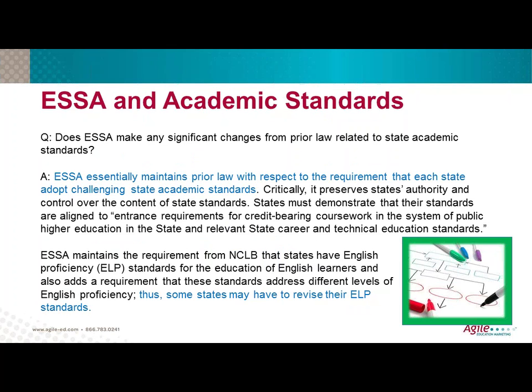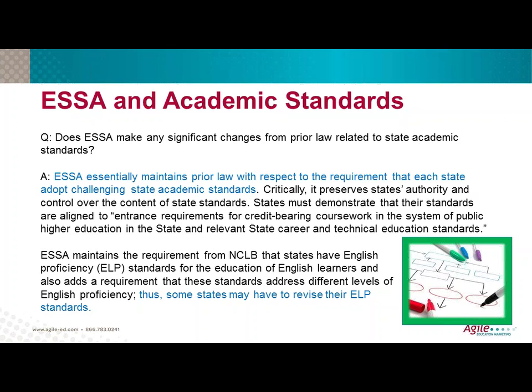Looking at how academic standards tie into ESSA, what I found in looking at ESSA was that it really maintains the prior law. It preserves the state's authority to have control over the content of state standards, as Larry was talking about today.